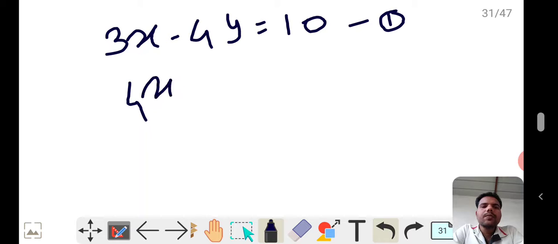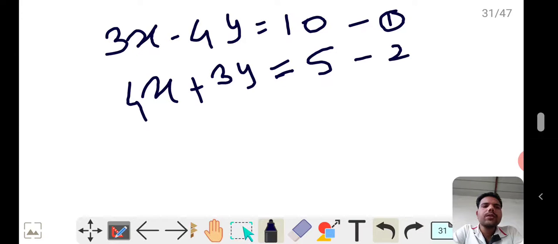By solving with Cramer's method, we have to calculate the delta determinant, then delta x, then delta y, and take the division of delta x by delta to get x, and delta y by delta to get y.